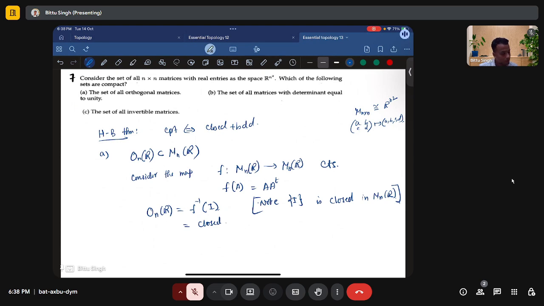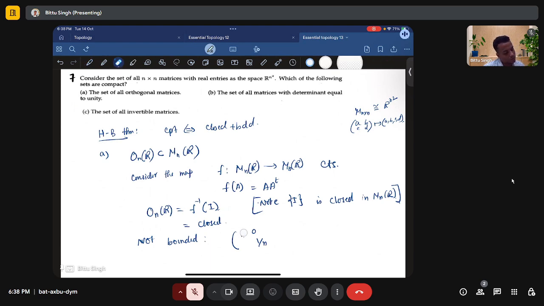So closedness is okay. We need to see if this is bounded or not. The problem is it may not be bounded. Though this is closed, it is not actually bounded. For example, consider this kind of matrices, n comma 1 by n, 0, 0.